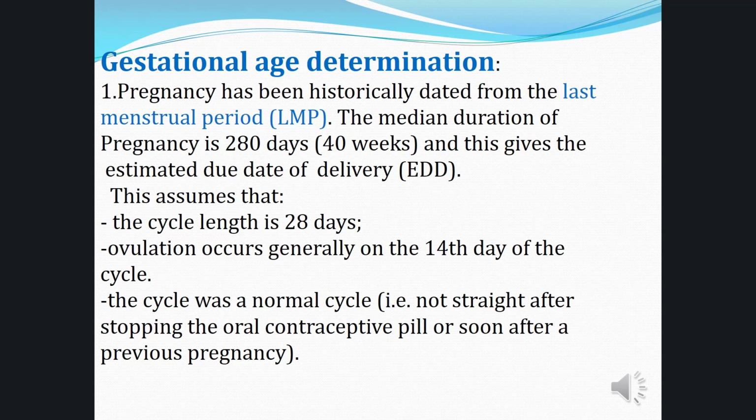Ovulation occurs generally on the 14th day of the cycle. The cycle should be a normal cycle, that's to say, not straight after stopping the oral contraceptive pill or soon after a previous pregnancy.